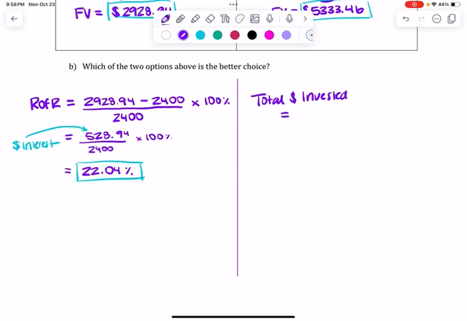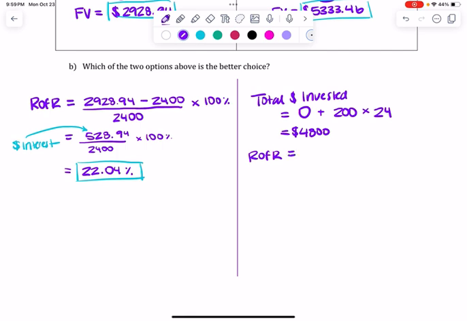And just like before, that was PV, which in this case is 0, plus my PMT, which is 200, times my N value, which is 24. This still works out in the same way, even though I have a PV of 0. The total amount I've invested here on this second option is $4,800. Now that I have that amount, we are able to calculate the rate of return.